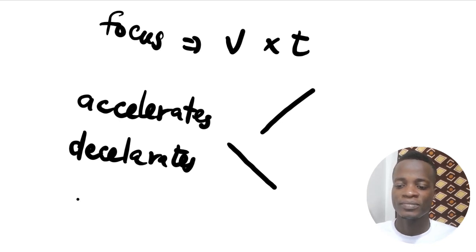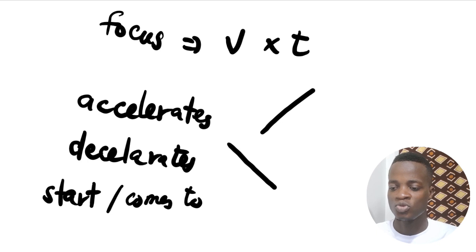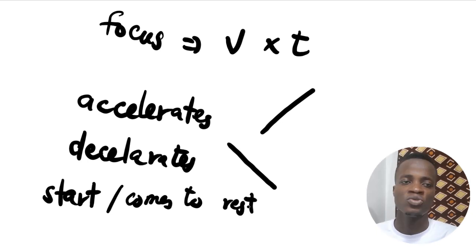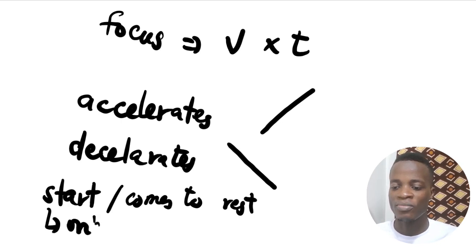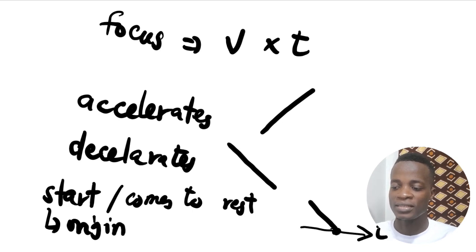When they say a body starts from rest or comes to rest, you need to make sure that if it starts from rest, you start the graph from the origin. If it comes to rest, it means that wherever you are, bring it to the t-axis until it touches the t-axis. That's what we mean.